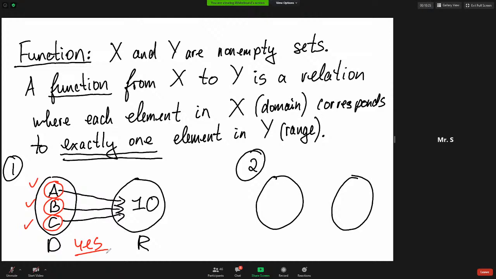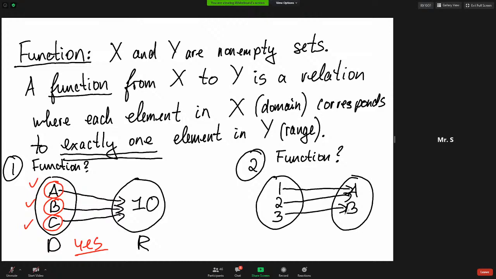For number 2, I guess I should phrase a question here. I'm asking, is this a function? For number 2, let's say we have 1, 2, 3, and we will have A, B. And then 1 goes to A, 2 goes to A, 3 goes to B. Would this be a function?